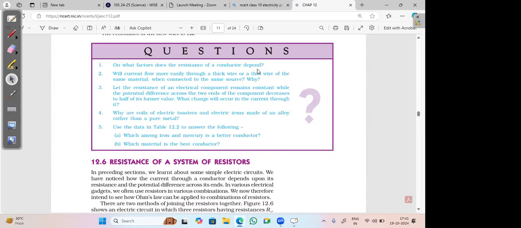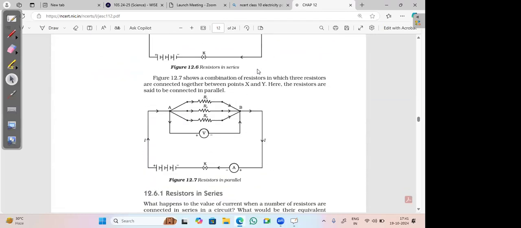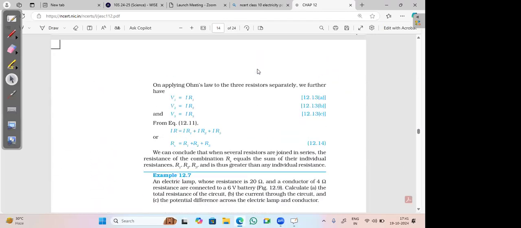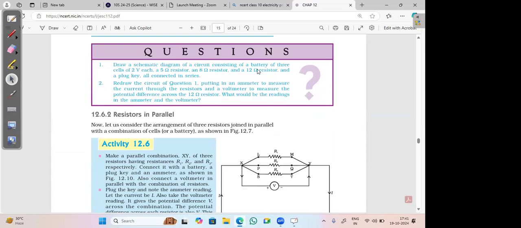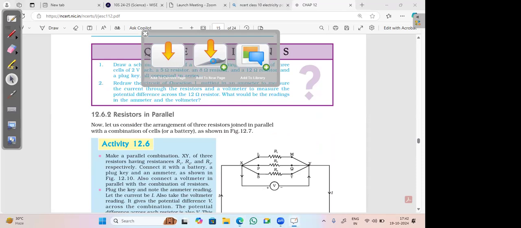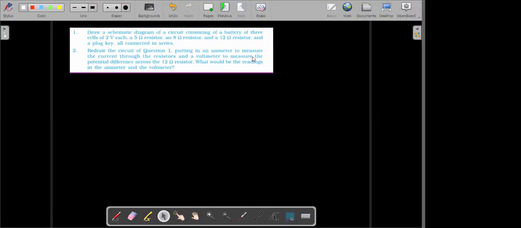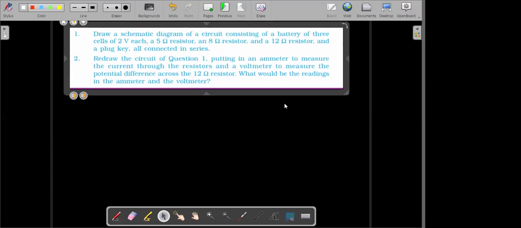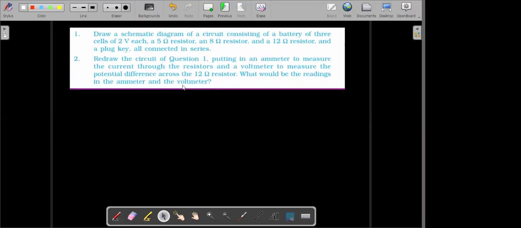Just see this question number 1. You have to draw a schematic diagram of a circuit consisting of a battery of 3 cells of 2 volt each, a 5 ohm resistor, an 8 ohm resistor, and a 12 ohm resistor, and a plug key, all connected in series.